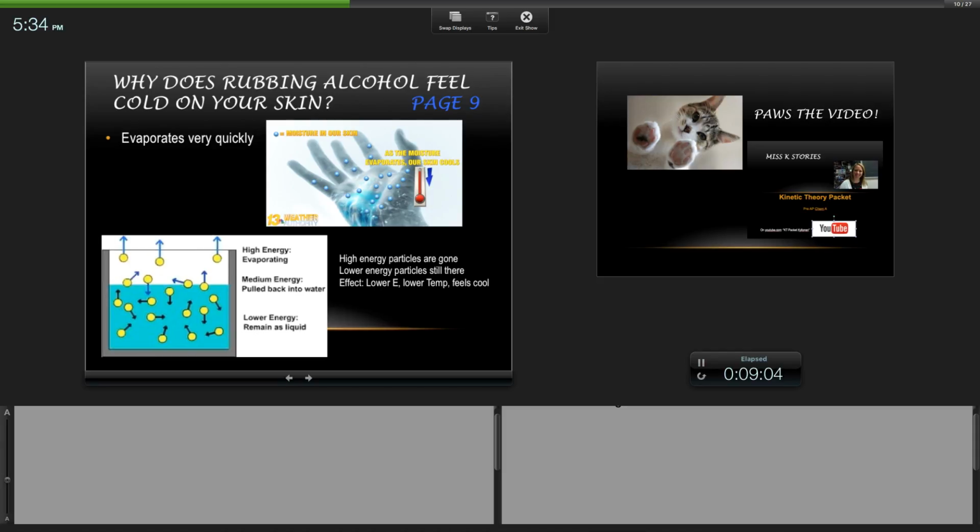And the energy from your body gives those particles enough energy that they actually leave. So the highest energy particles are gone. Well, the ones left over are lower energy. So the effect is if it's lower energy, overall the temperature feels lower than it did before. So then it feels colder. So that is why evaporation is actually a cooling process.